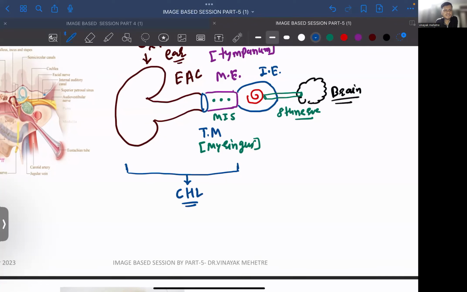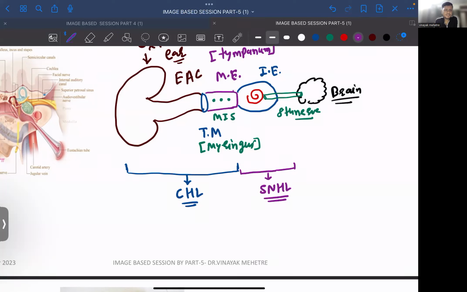Conduction will be gone. Any disease involving the inner ear and nerve will cause sensorineural hearing loss. This much you have to remember. I will ask this again and again.